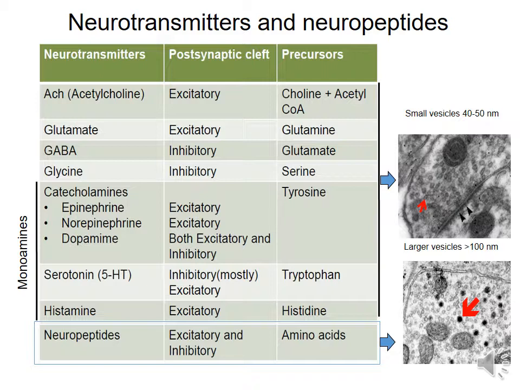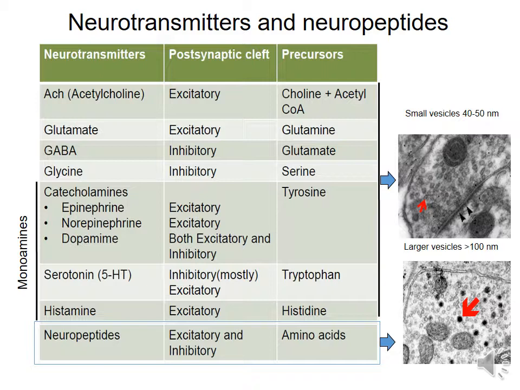This type of neurotransmitter is stored in vesicles that are around 40 or 50 nanometers. The first neurotransmitter to be discovered was a small molecule called acetylcholine. It plays a major role in the peripheral nervous system and has roles in maintaining and modulating both motor and cognitive function.